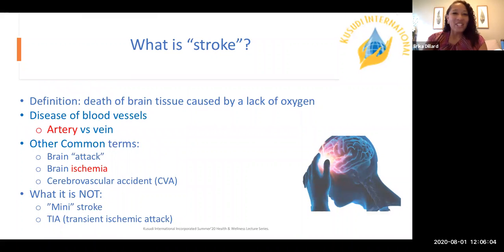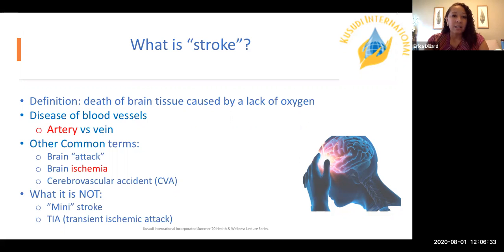Okay, so what is a stroke? Again, we want to make sure that we address what a stroke is. So what is the definition? In layman's terms, it's the death of brain tissue, which is caused by a lack of oxygen. And as we know, there are different types of blood vessels that supply oxygen to tissues, and different blood vessels that take blood away from tissues back to the heart.